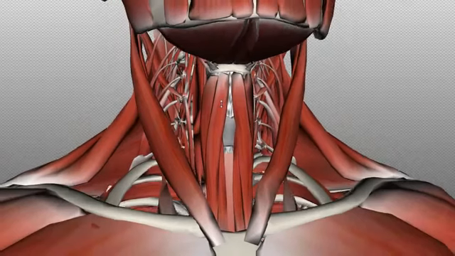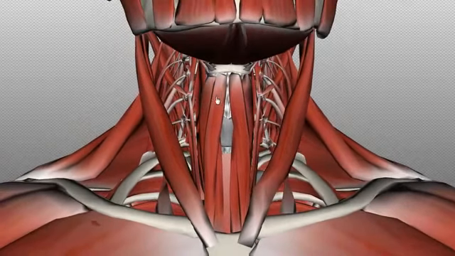So you've got two muscles which lie under the omohyoid and the sternohyoid. You've got the thyrohyoid, which originates on the oblique line on the thyroid cartilage, so on the oblique line of the lamina of the thyroid cartilage, and it attaches to the hyoid bone.